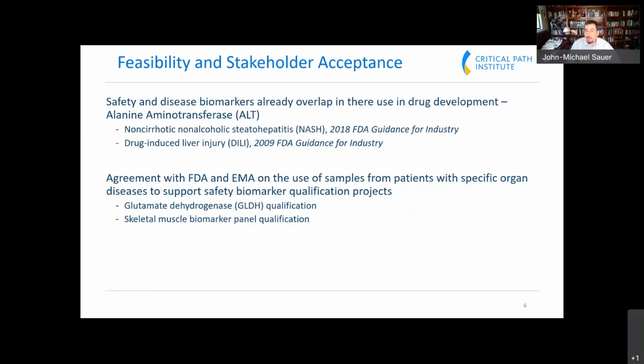Now, right there, that speaks to the fact that the basic mechanism by which disease or drug-induced injury is eliciting these biomarkers or causing these biomarkers to go up in biological fluid is similar or the same. And I think that's what then joins safety biomarkers with disease and efficacy biomarkers.